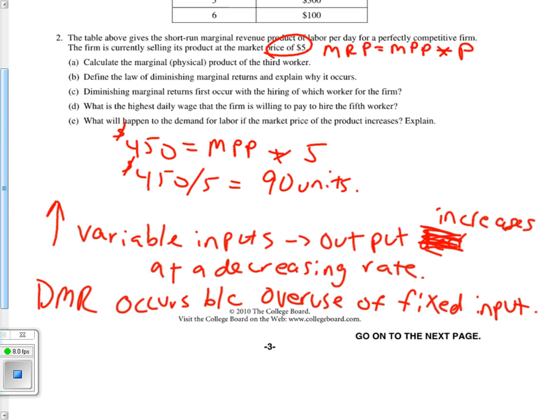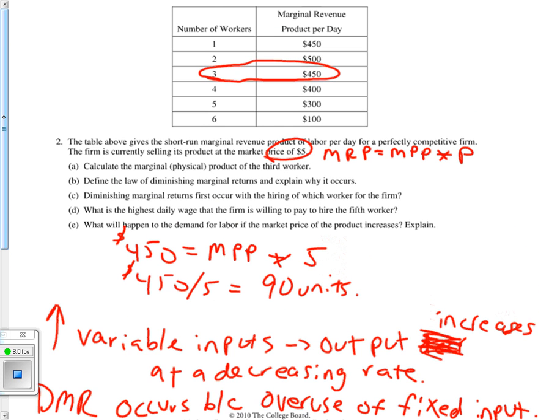Part C then, diminishing marginal returns first occurs with the hiring of which worker of the firm. So it might be a good idea to calculate out the marginal product of labor for each one of these. So the first worker, we're dividing all by 5. This is 90 units for the first worker.